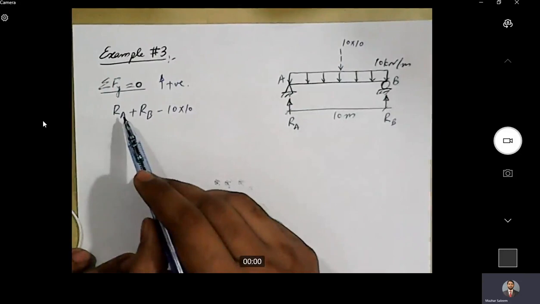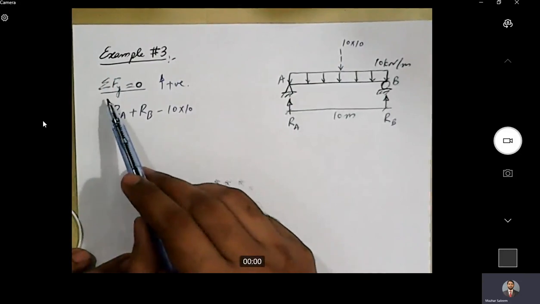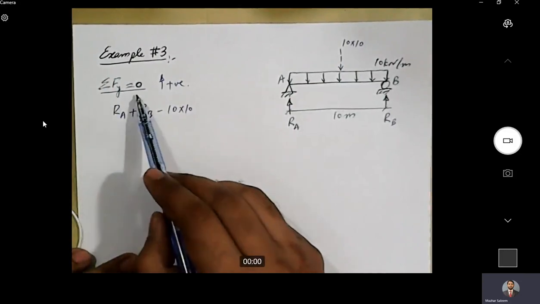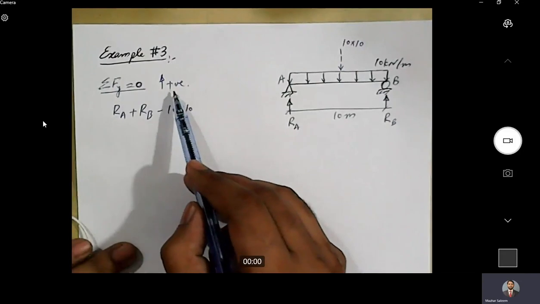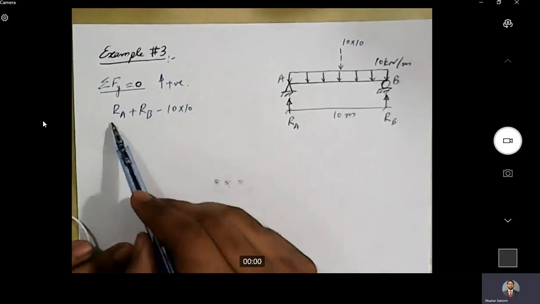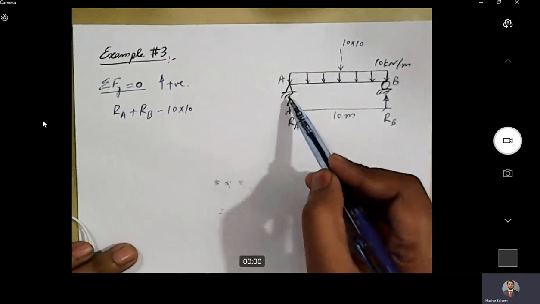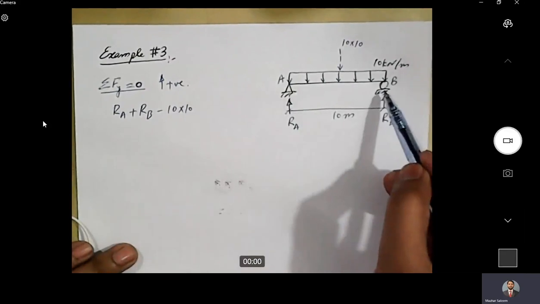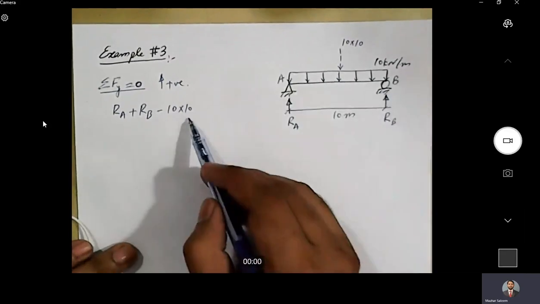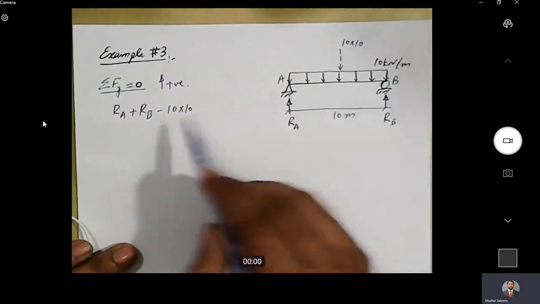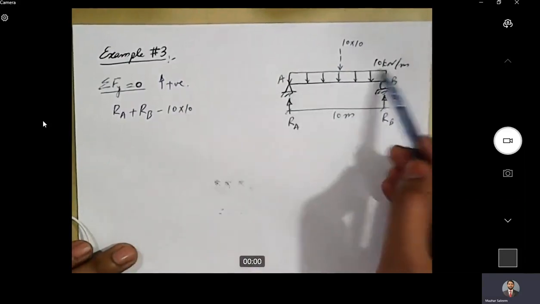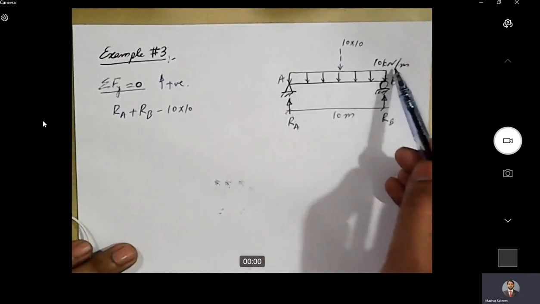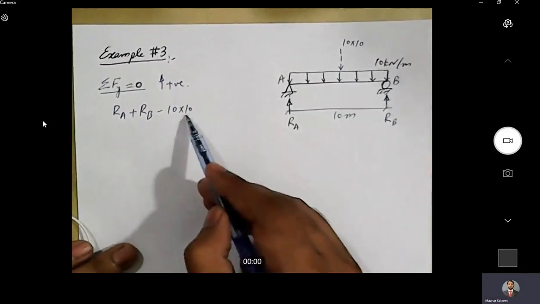So for that we will apply conditions of equilibrium. Let's apply the first one, which is sigma Fy equal to 0. Our convention is that upward forces will be taken as positive. So Ra is acting in upward direction. Similarly, Rb is acting in upward direction. And the resultant of the UDL is 10 into 10. 10 kilonewton per meter is the intensity of the UDL, and 10 meter is the span of UDL.